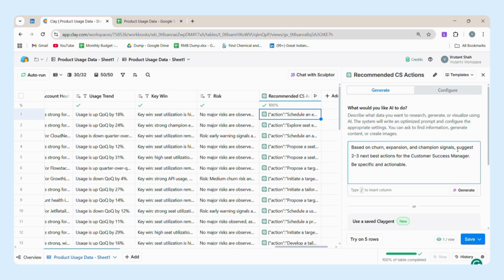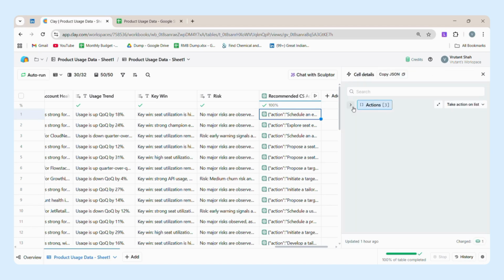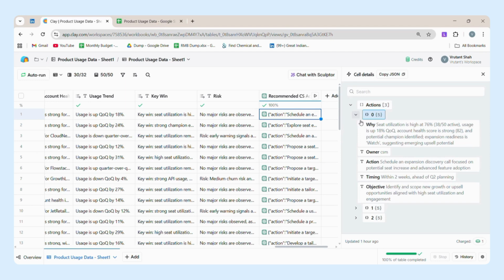And when I expand on this, see, it has given 3 action items. It is covering, one, the action item, as in over here, it's mentioning to schedule an expansion discovery call. It has even given me timing as to when I can have it done. So this is based on when the renewal is coming.